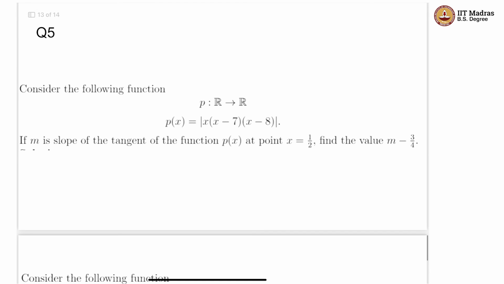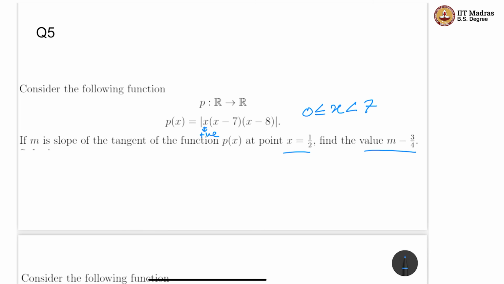This is the fifth question. If m is the slope of the tangent at x equals half, then we have to find the value of this equation. So we can break the mod function, right? If we check the mod function in the interval 0 less than or equal to x less than 7, then 0 less than or equal to x means this factor is positive, right?